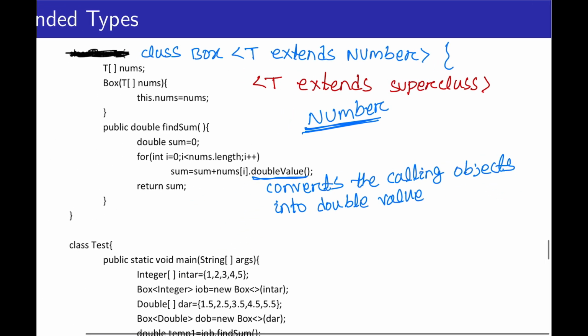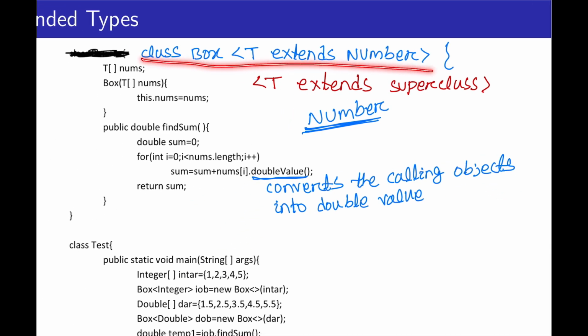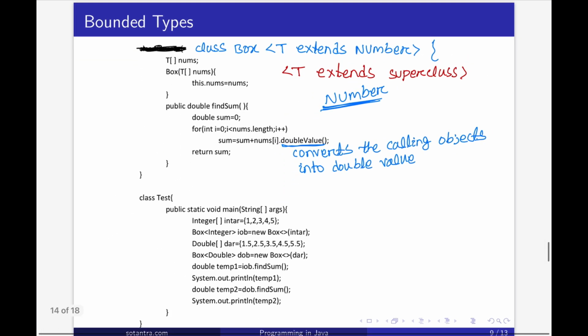Now with this modification, we are going to check whether this program is working properly or not. So let us see the implementation and check how it shows the result.